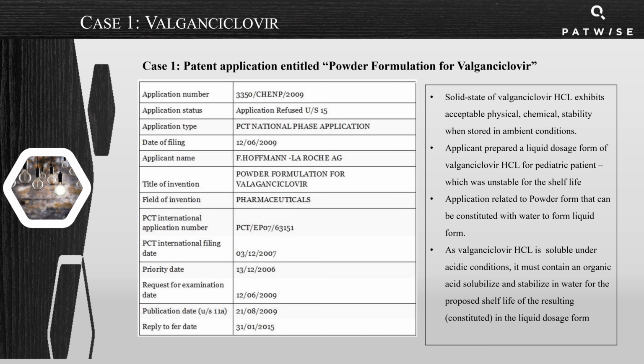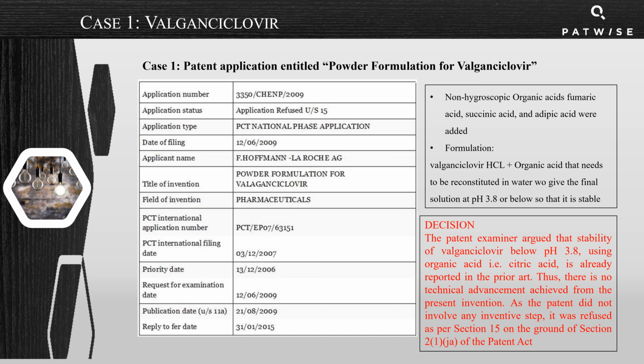As Valganciclovir HCl is soluble under acidic conditions, it must contain an organic acid to solubilize and stabilize it in water for the proposed shelf life of the resulting liquid dosage form. For the purpose of this invention, non-hygroscopic organic acids such as fumaric acid, succinic acid and adipic acid were added. Hence, the final patented formulation was Valganciclovir HCl plus organic acid that needs to be reconstituted in water to give the final solution at pH 3.8 or below so that it is stable.